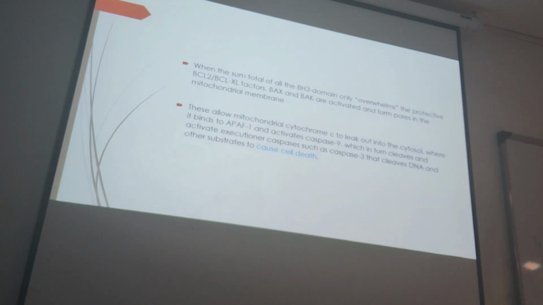This allows mitochondrial cytochrome C to leak out into the cytosol, where it binds to APAF1 and activates caspase 9, which in turn cleaves and activates some other caspases like caspase 3, and finally they can cleave DNA and other substrates to cause cell death. Okay.